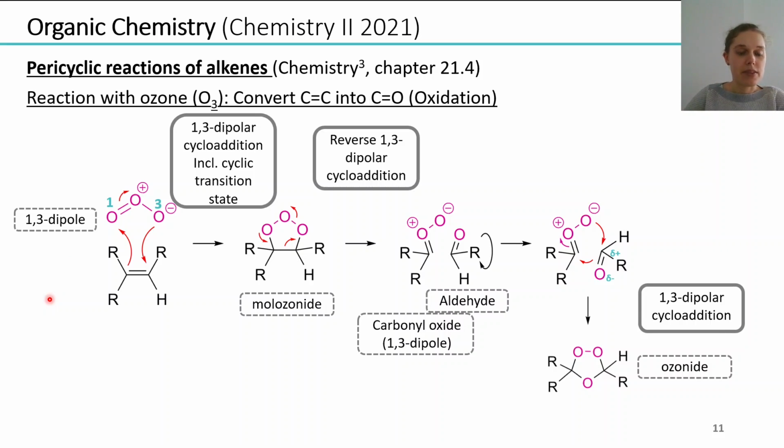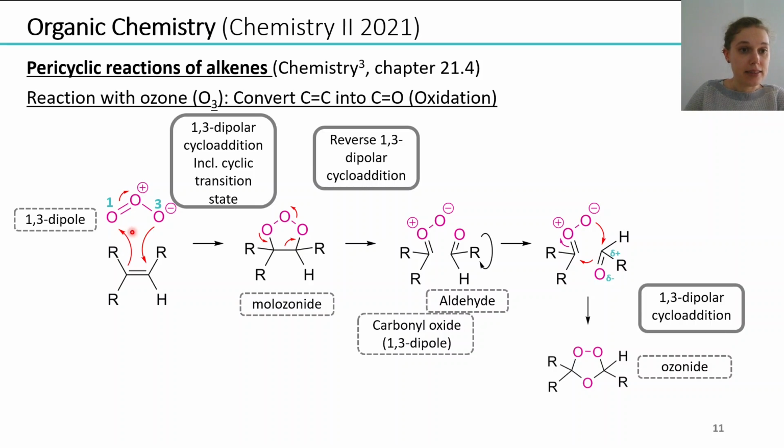So what happens now if we have the reaction between an alkene and ozone? We have again a concerted reaction step. That means the carbon-carbon double bond will give the electron pair towards this oxygen atom.